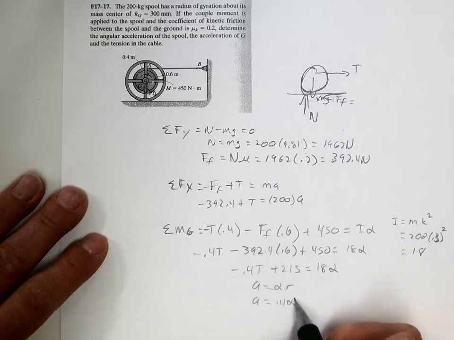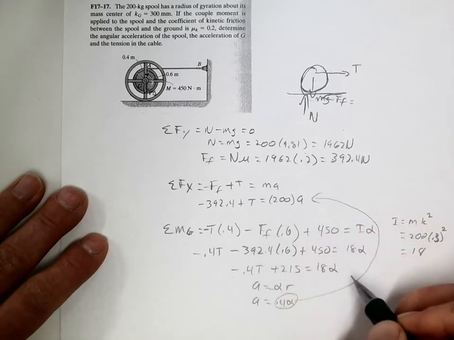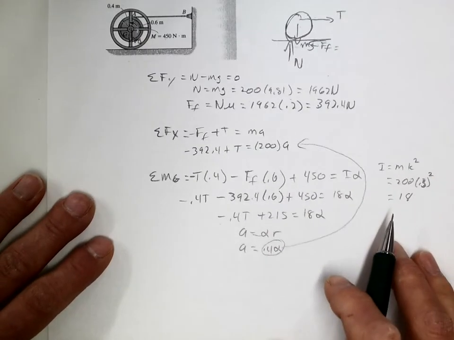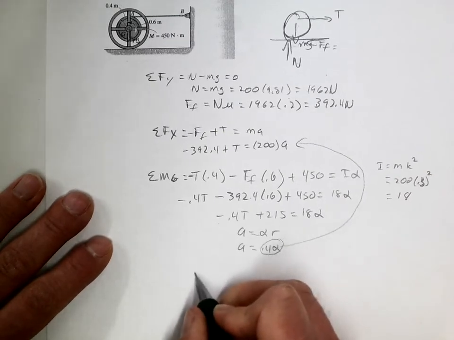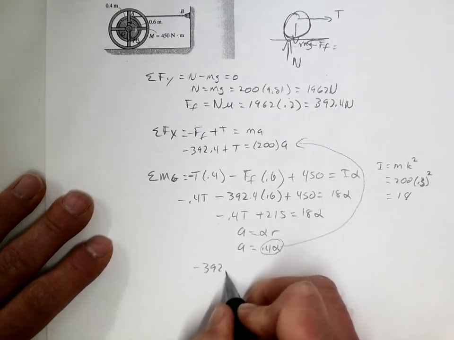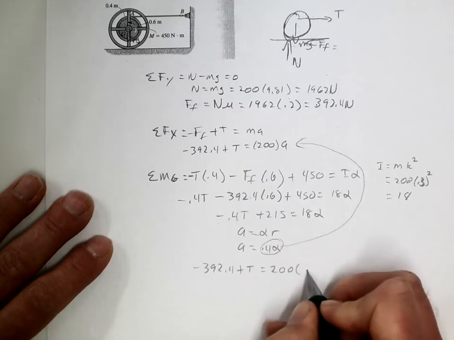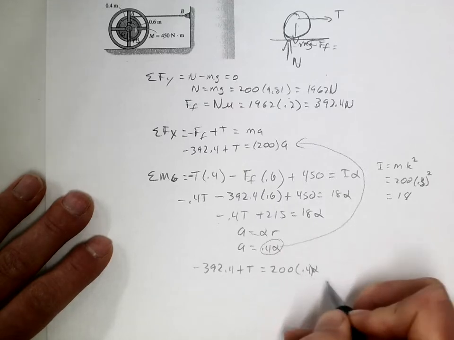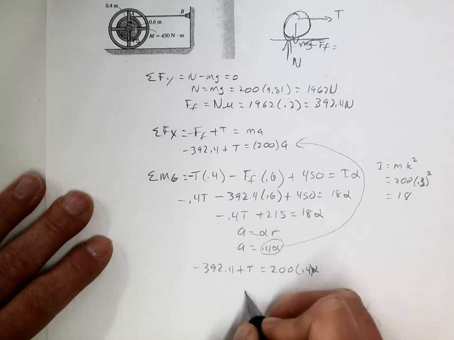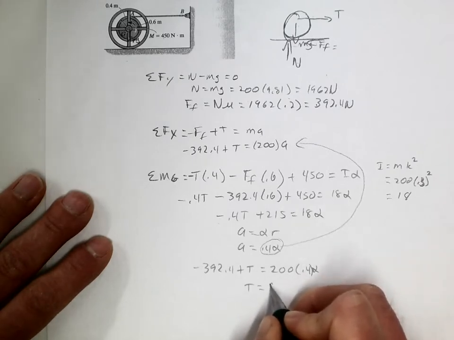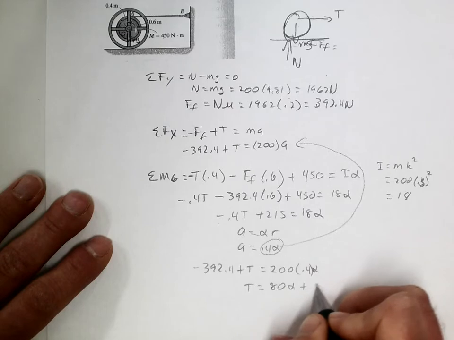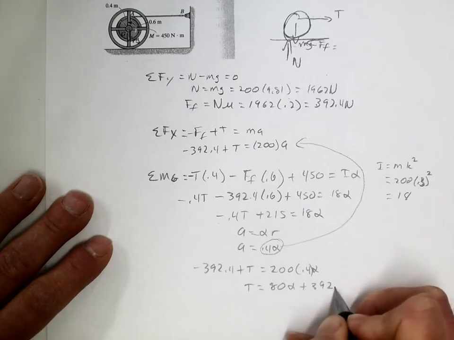Let's put this 0.4 alpha into this equation right there. Now we have negative 392.4 plus T equals 200 times 0.4 alpha. So T is equal to 80 alpha plus 392.4.